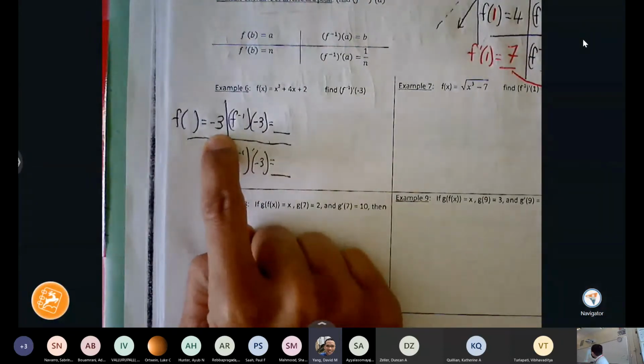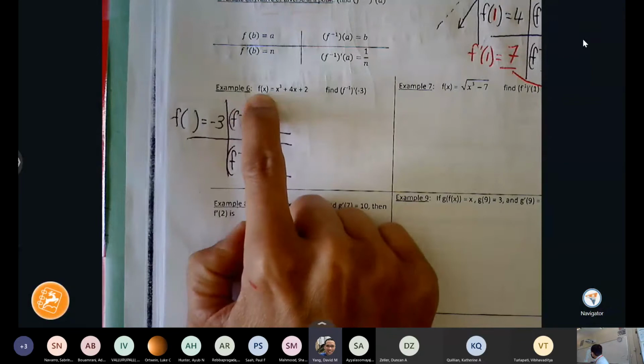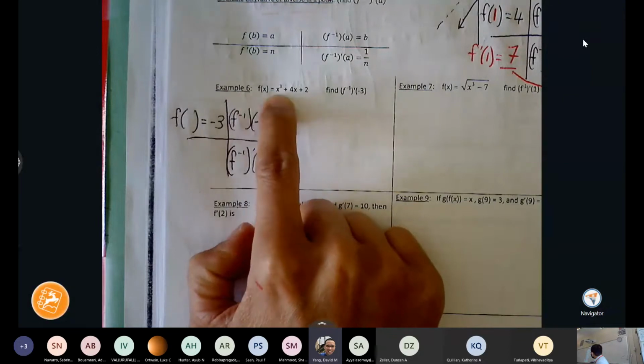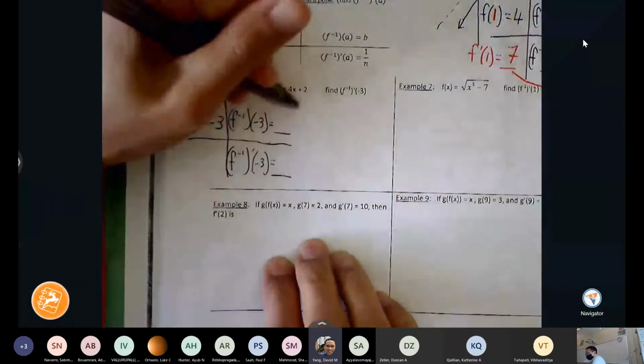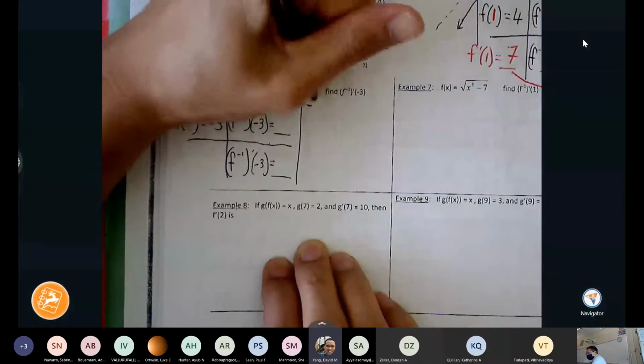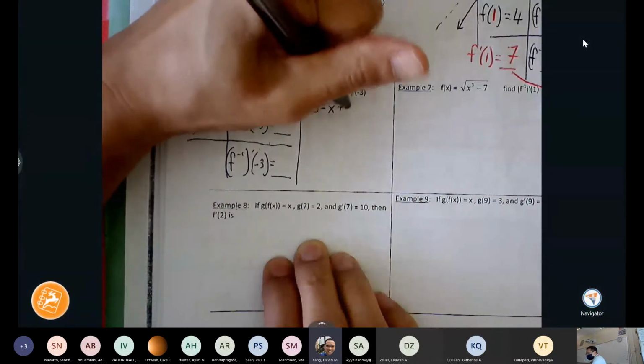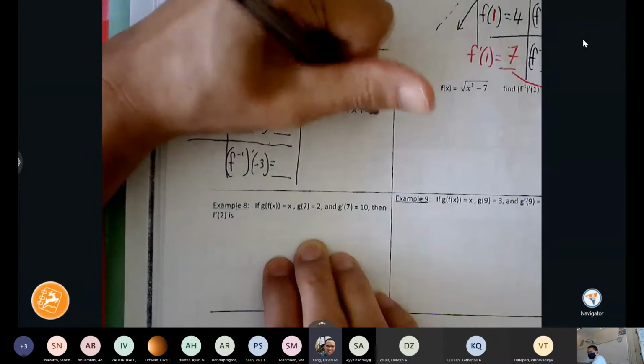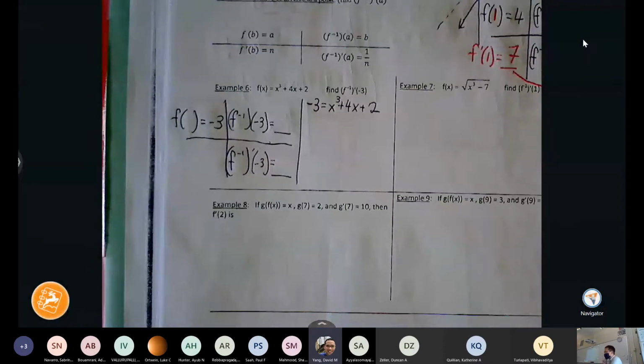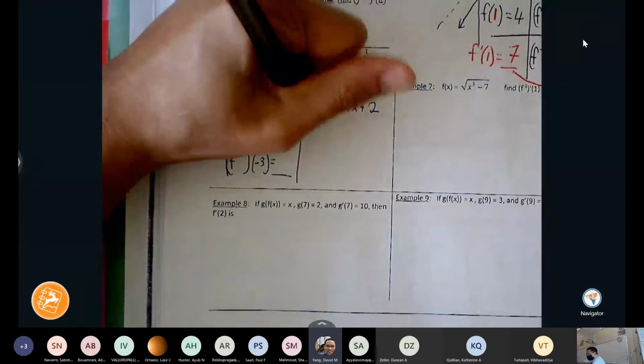So I'm going to work backwards here. I'm going to put -3 in for the y position and see if I can work backwards to solve for x. I'm going to bring the -3 over, add 3 to both sides.